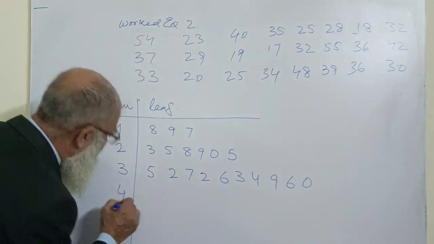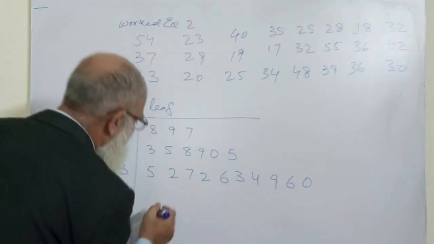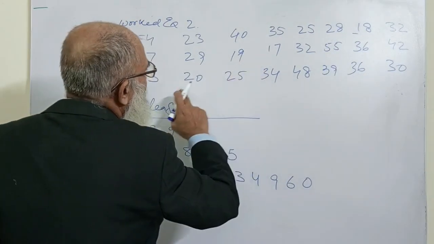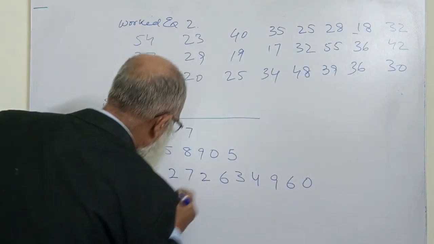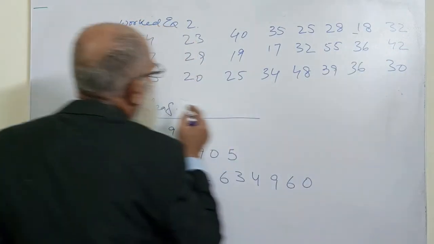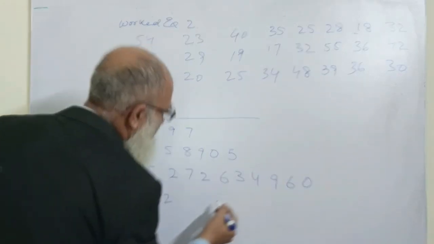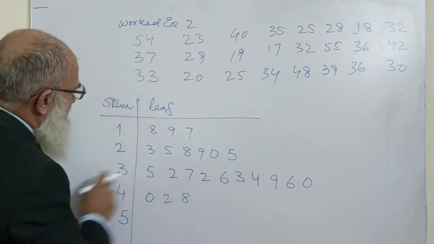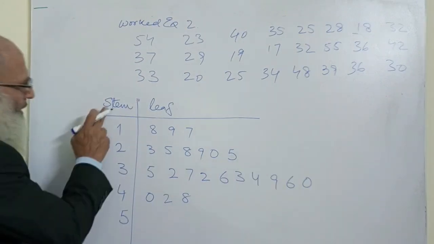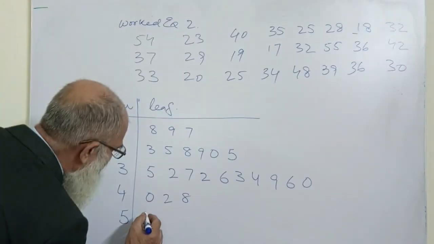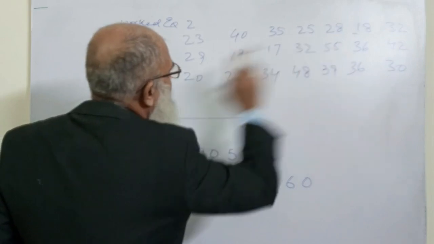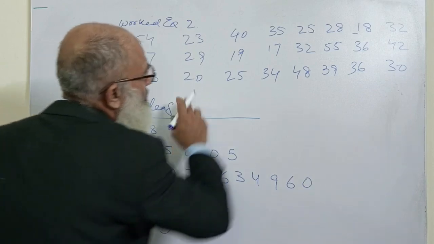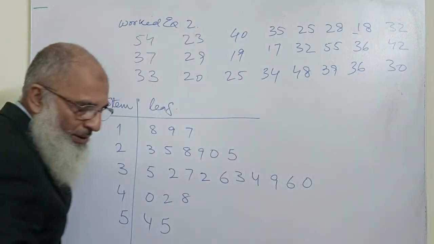For 4, 0, this one, 2, this one, 8, this one, and that's all. And for 5, now this is the maximum number we can take in the stems. 54, 55, that's all.